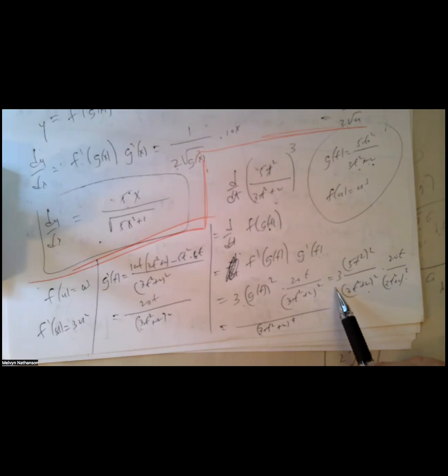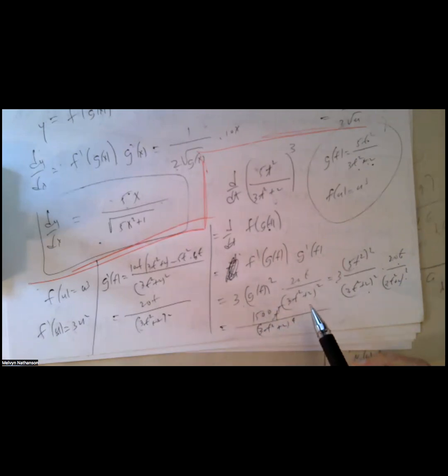And the numerator, I have 3 times 20t, which is 60t, times 25t to the fourth, times t to the fifth. So 60 times 25 is 1500.